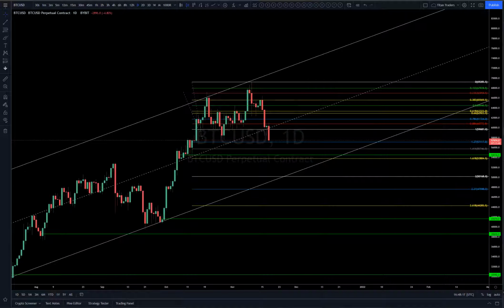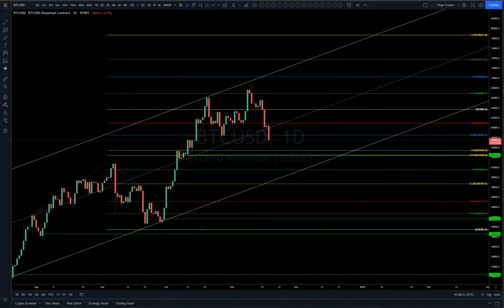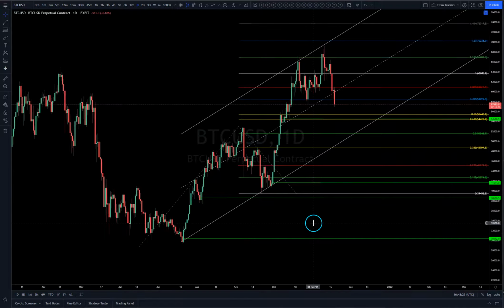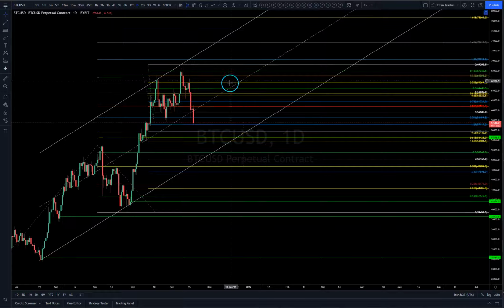The other areas we look at are other trend-based fibs. This is where we've got the low to the high to the low. And again, that is also in confluence with the golden pocket near the liquidity zone, and also the other fib, the trend-based fib locally, which comes down to the 1.618.